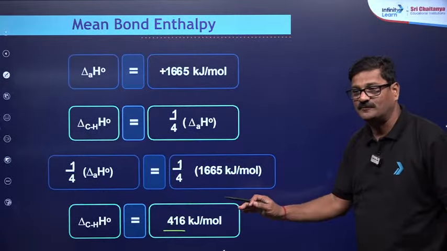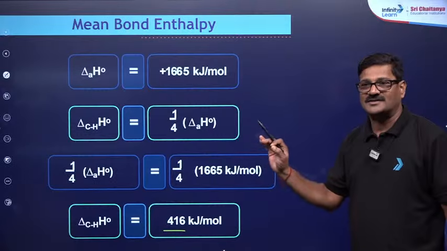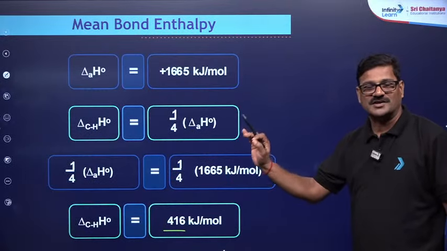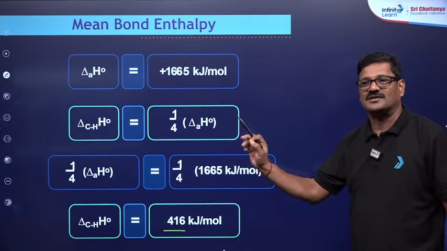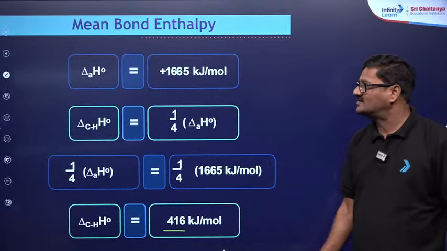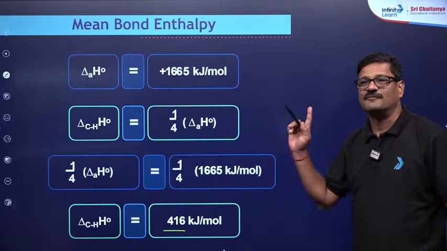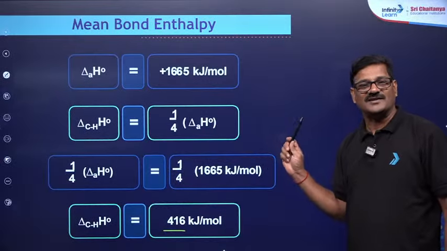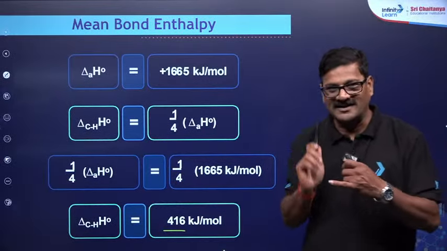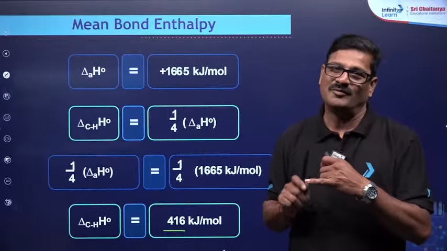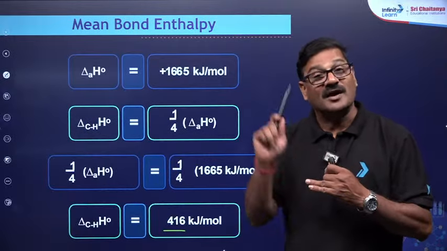What I want to say is, for a polyatomic molecule you have to take the average bond dissociation energy into consideration. This is very important, and based on this you will have a direct question from thermodynamics, and you will have a direct question from chemical bonding also.